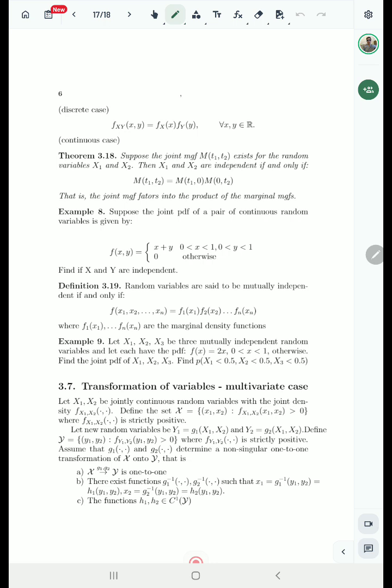So here we have a theorem. It is telling you that this is an alternative definition of independence.